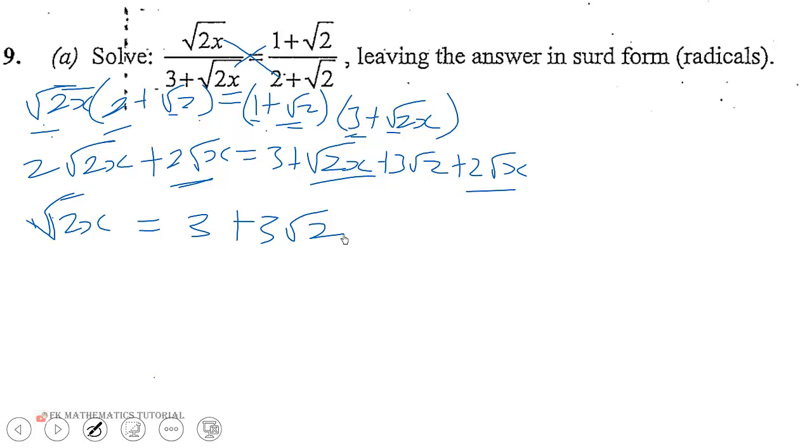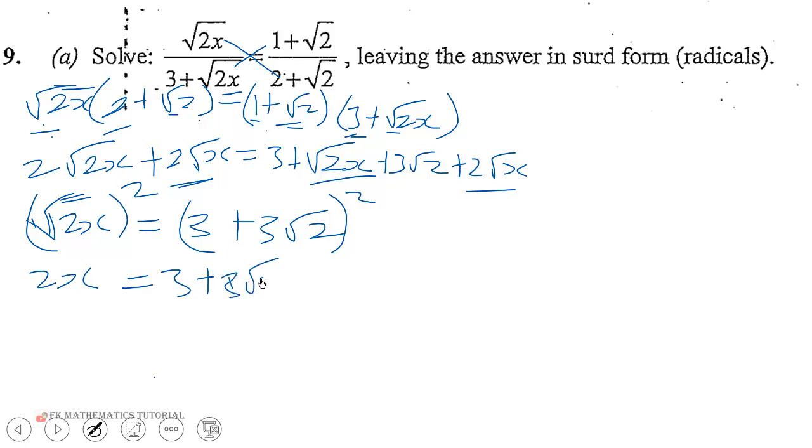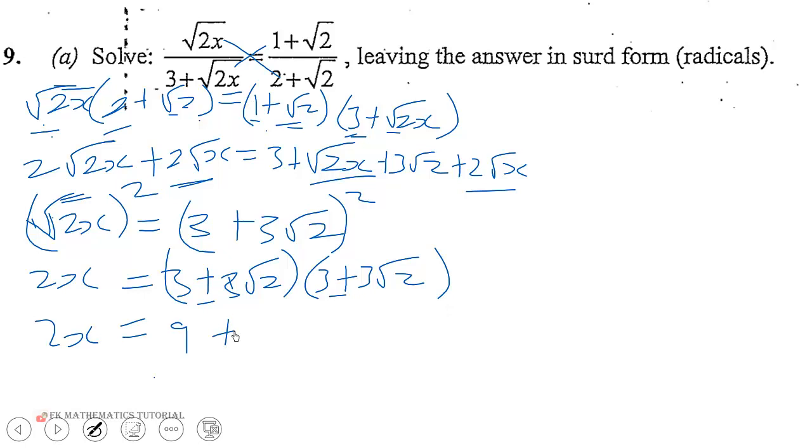Now squaring both sides, you get 2x is equal to 3 plus 3 root 2 times 3 plus 3 root 2. So 2x will be equal to, this will give us 9. This will give us 9 root 2. Then this will give us 9 root 2 again.